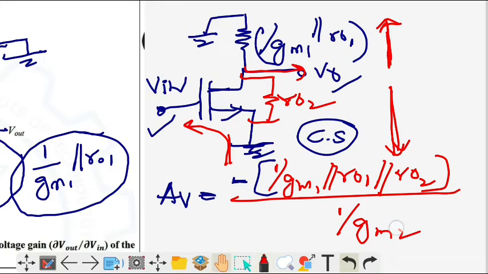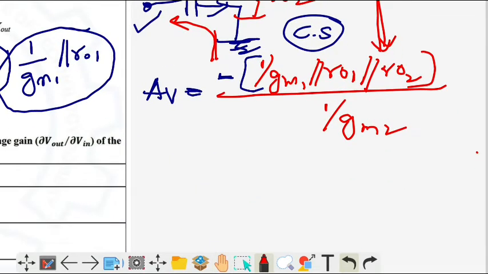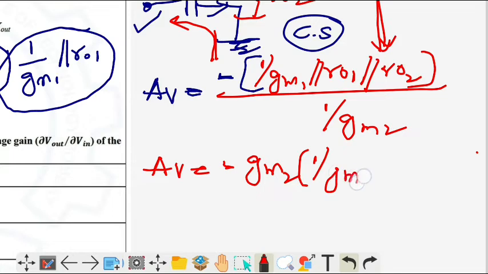When you simplify this, the voltage gain you get is minus gm2 into 1/gm1 parallel with ro1, and again parallel with ro2. This is the voltage gain of the given circuit.